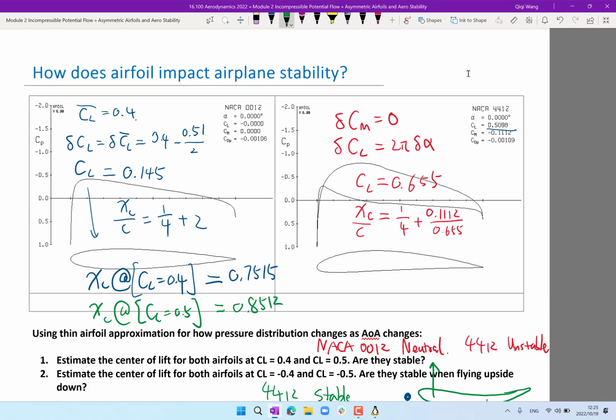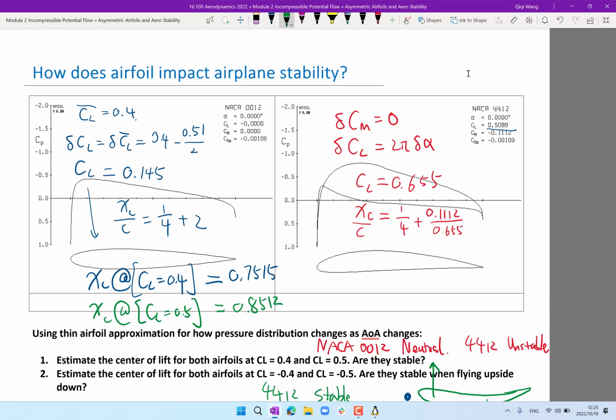Okay. So in this case, the fundamental first principle of stability is where the forces shift as you increase or decrease angle of attack. So in this case, how does the force shift? Backwards, right? As you increase the angle of attack, therefore increasing the CL, the center of lift shifts backwards. And that's a nose down moment.